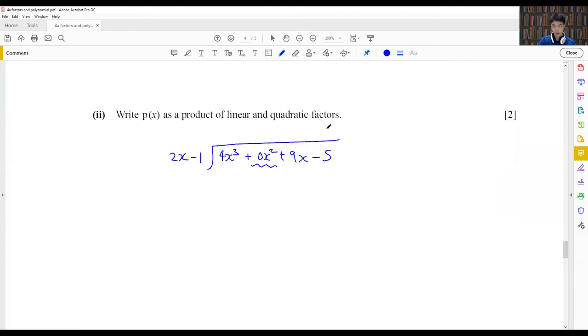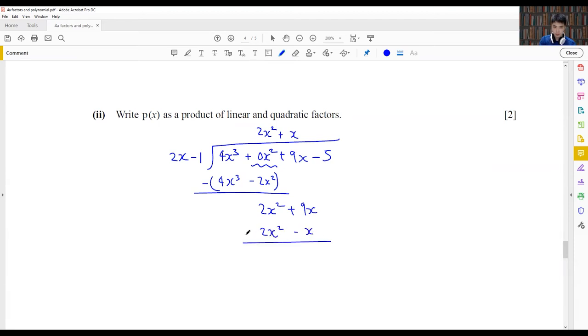From here, just do the normal long division method. 2x squared, you will get 4x cubed minus 2x squared. This minus this, minus minus. Always put a bracket outside so that you can remember to minus minus. You would now have 2x squared plus 9x, then plus just x here, where you would get 2x squared minus x.